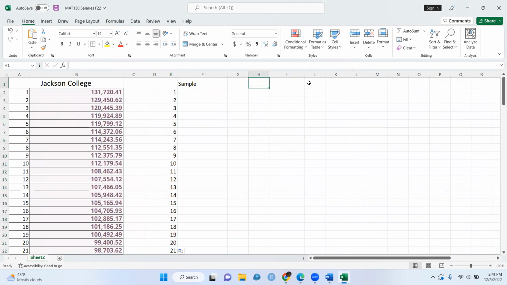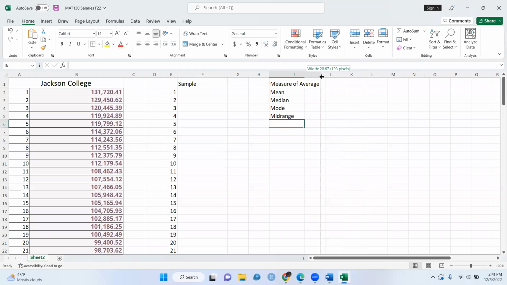So then I might label something like measures of average, and then list those measures. So mean, median, mode, and mid-range.